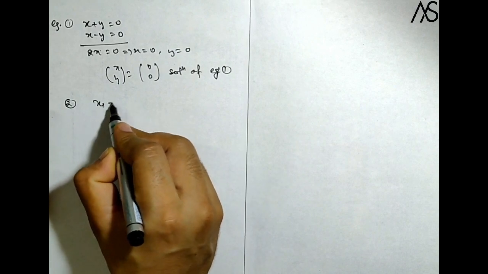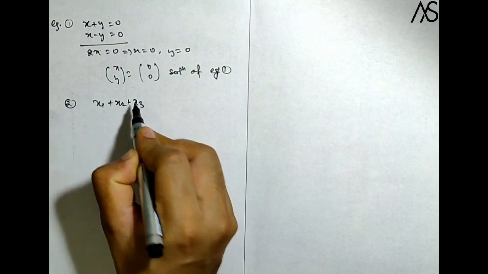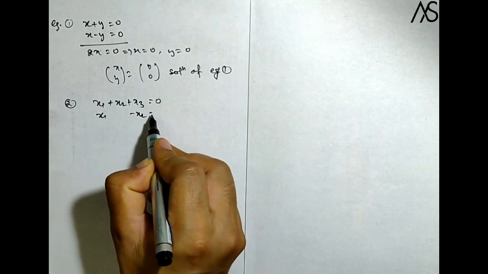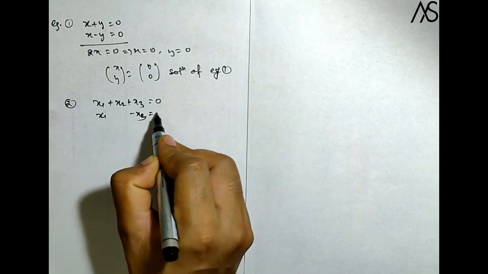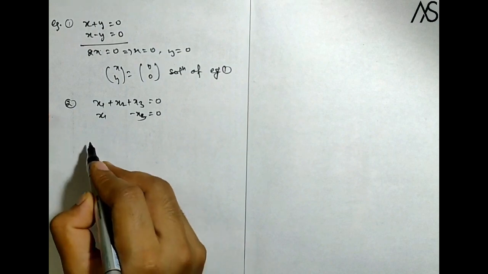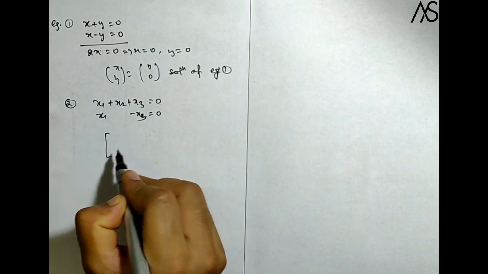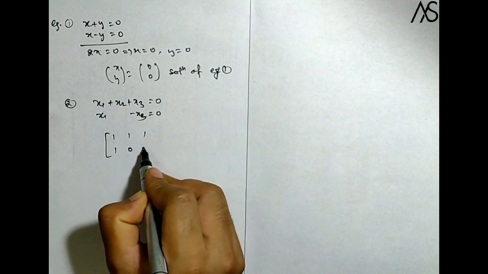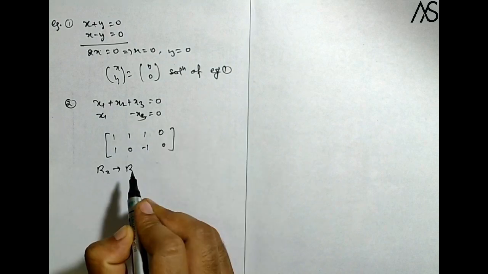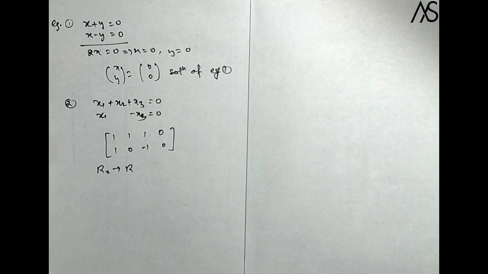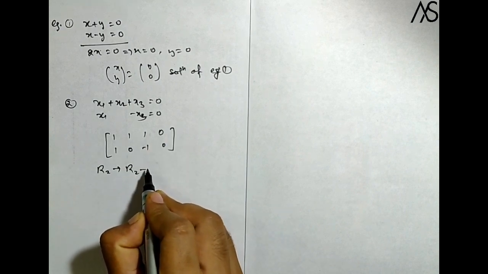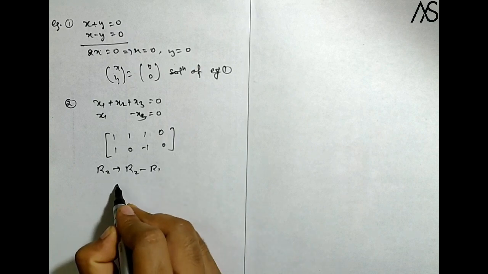Now second, given x1 plus x2 plus x3 equals to 0, x1 minus x2 minus x3 equals to 0. If we form the augmented matrix, this is [1 1 1 | 0; 1 -1 -1 | 0]. If I reduce this matrix into echelon form, then R2 is replaced by R2 minus R1.